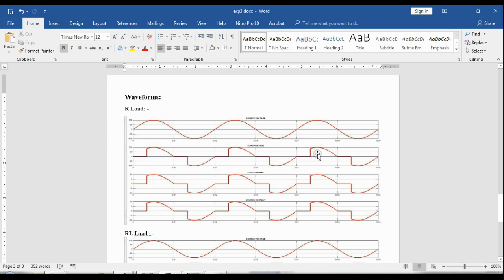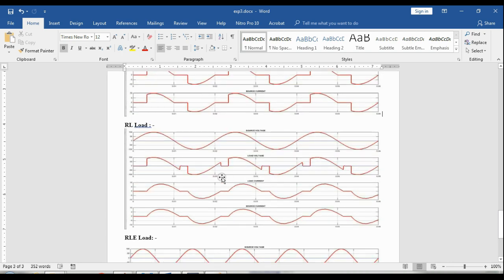This is the voltage waveform. As it is an R load, the current waveform will follow the voltage waveform. This is the source current, and this is the load current. As it is a series circuit, both will be the same unless you keep a freewheeling diode. Up to the freewheeling diode, load current and source current will be the same.